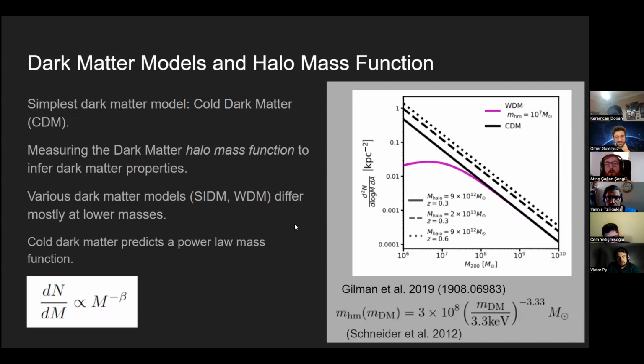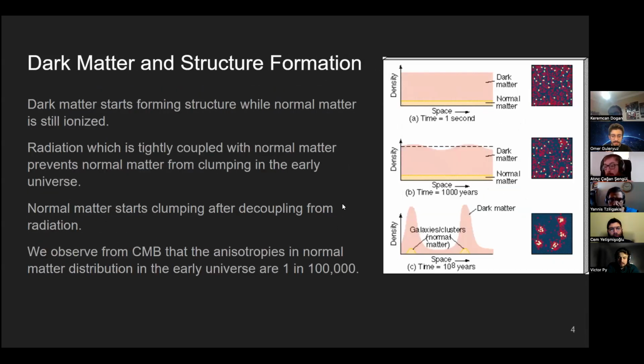So what can we learn about dark matter by looking at these structures that form? An important quantity that we look at is called the halo mass function. It tells you the number of objects, these halos, these clumps that formed earlier. Each of these is a clump, right?